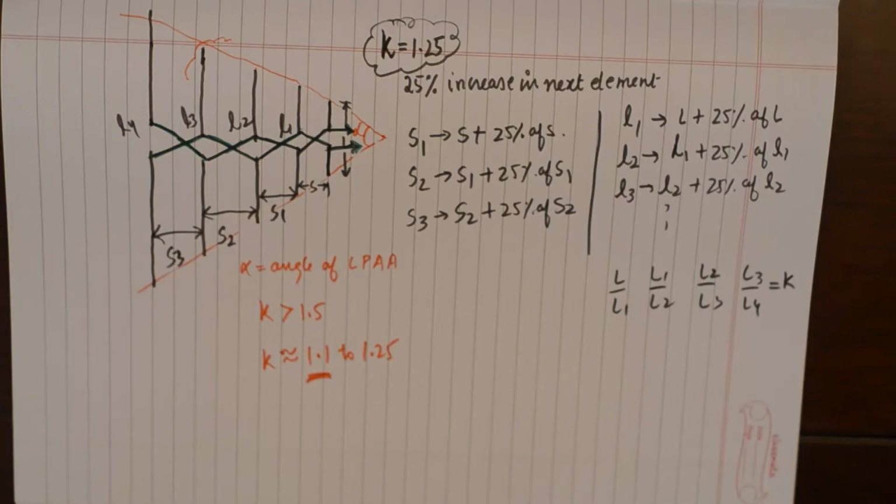So there is this logic of increasing the size and the spacing between the elements based upon a constant ratio, which is predetermined to design an antenna to create an angular effect that will not only increase the directivity but also help in making the antenna frequency independent.